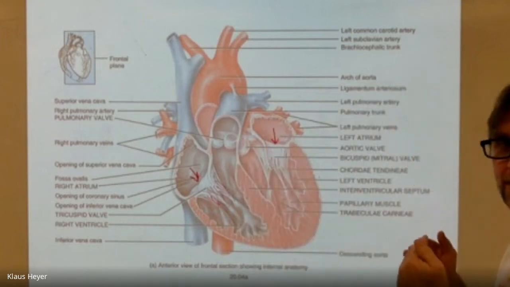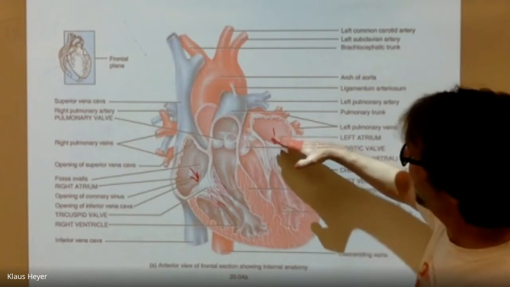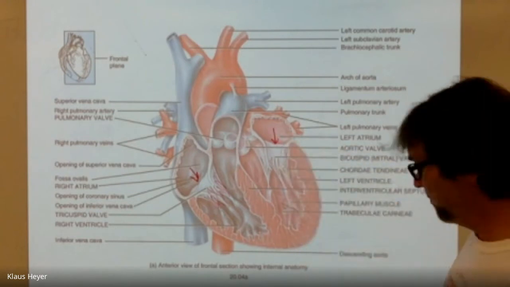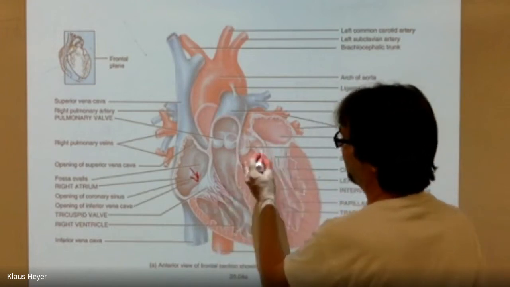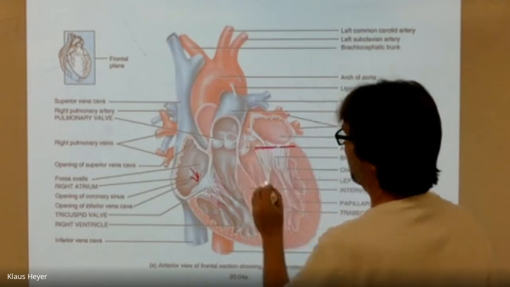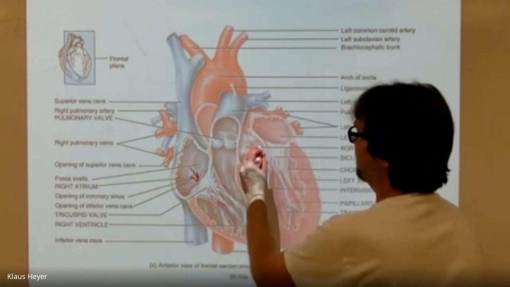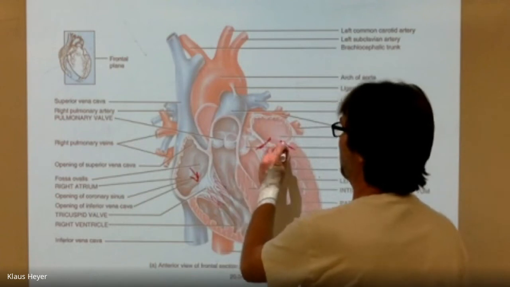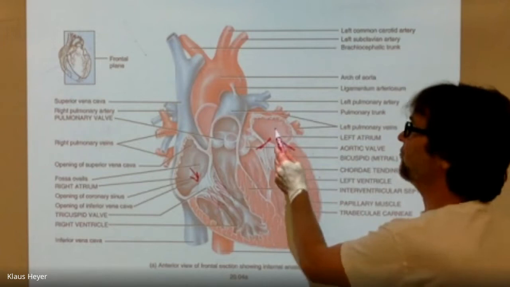They prevent the mitral valve from prolapsing, because if the valve's supposed to be closed straight like that, but instead it goes like this, then blood's going to leak back. It's going to go back into the atrium again, right?